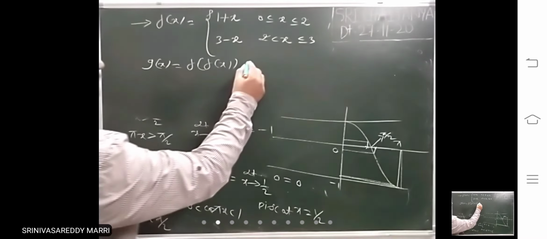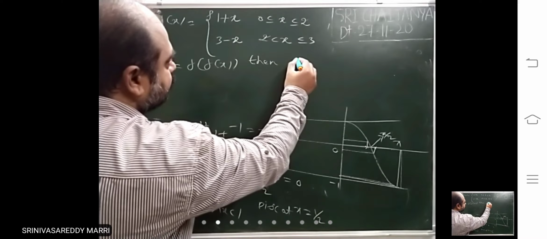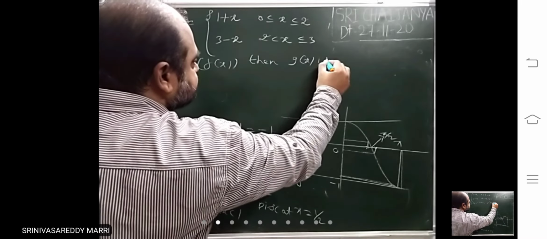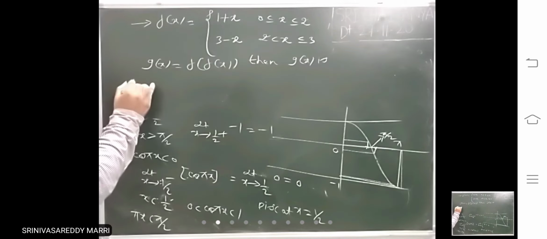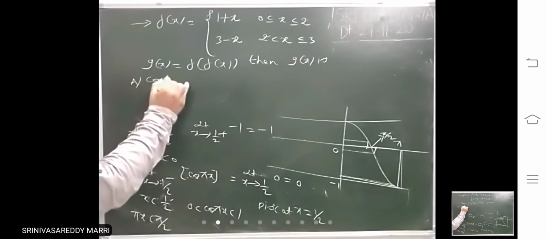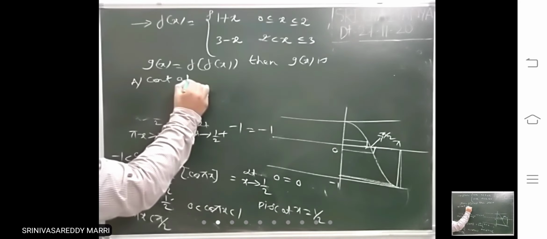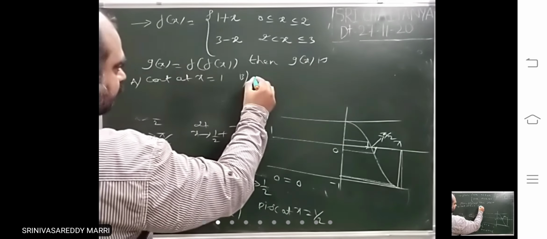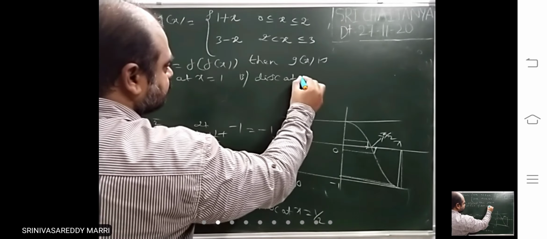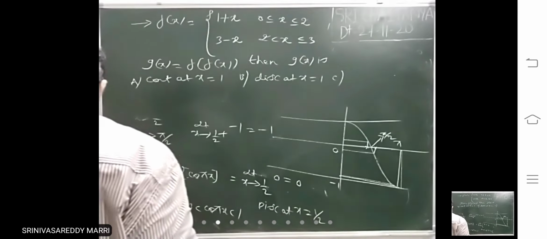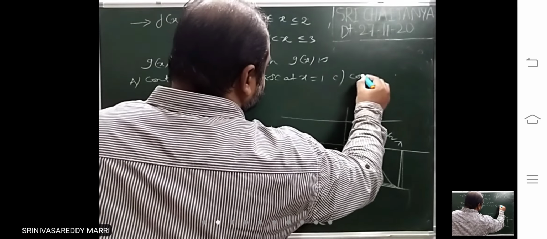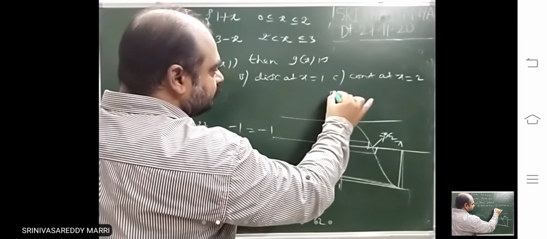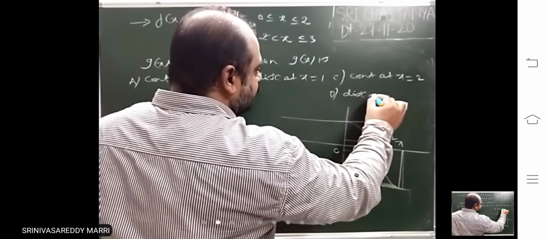Composite function. Then g of x is: a, continuous at x equal to 1; b, discontinuous at x equal to 1; c, continuous at x equal to 2; d, discontinuous at x equal to 2.